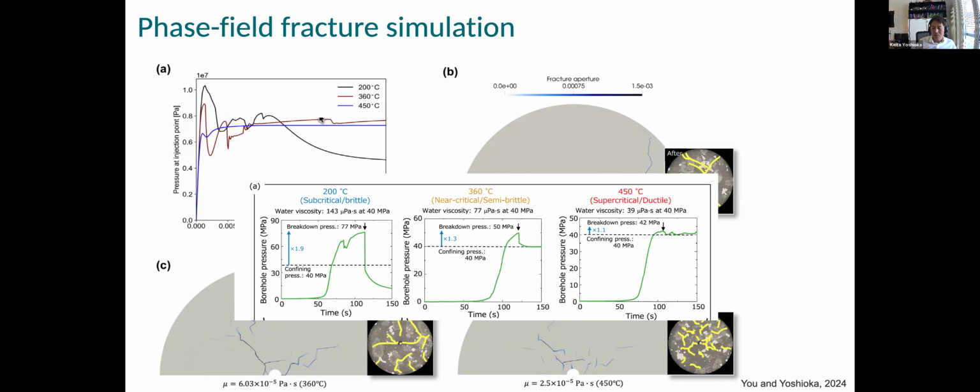Indeed, in the experiment, they observed similarly. For low temperature, they saw a big pressure breakdown. As temperature increases, in the 360-degree case, a small pressure breakdown. And at the high temperature case, they observed almost no pressure breakdown.